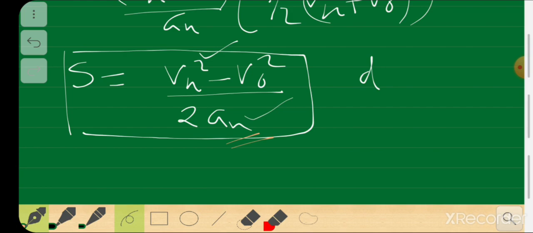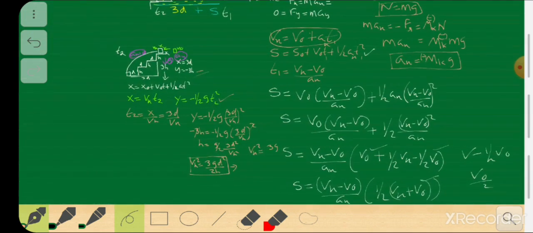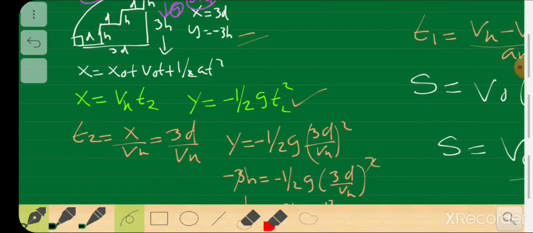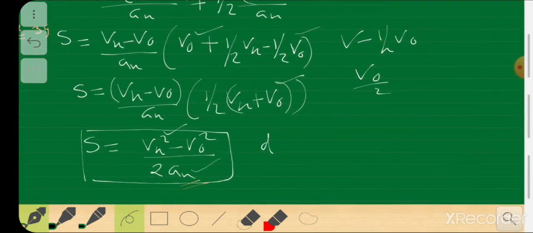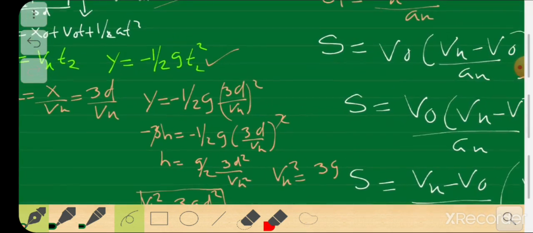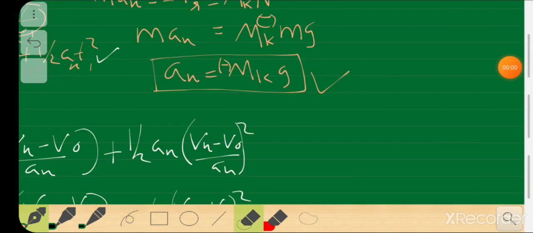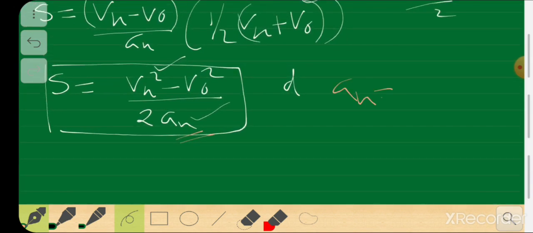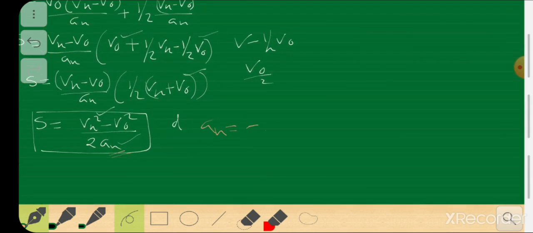So we found out ax is equal to mu k g, and since the friction is decelerating, ax must be equal to minus mu k g, okay, minus mu k g.